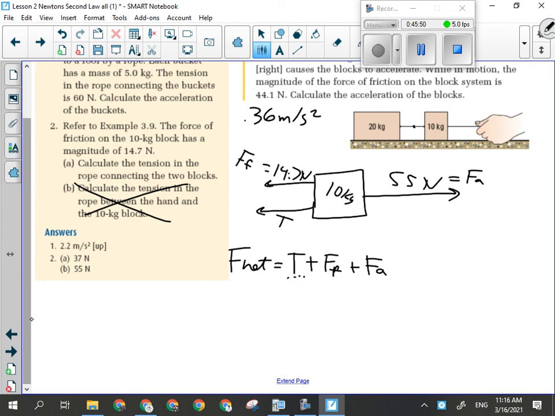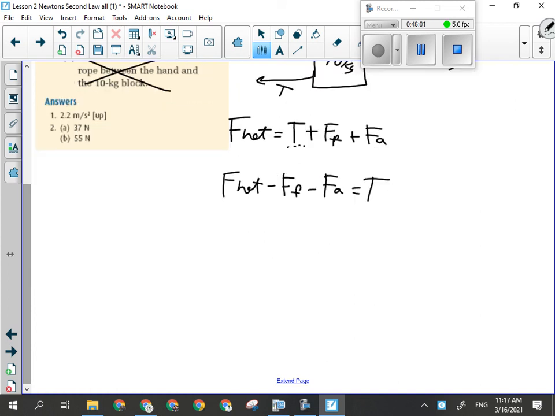So I'm going to take F net, subtract the force of friction and subtract the applied force, and that's going to leave me with the tension. What that looks like is 3.6 newtons forwards minus negative 14.7 newtons, because friction is backwards, minus 55 newtons. That's the forward force. That's going to equal my tension.